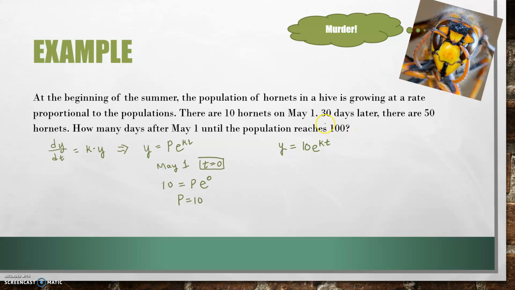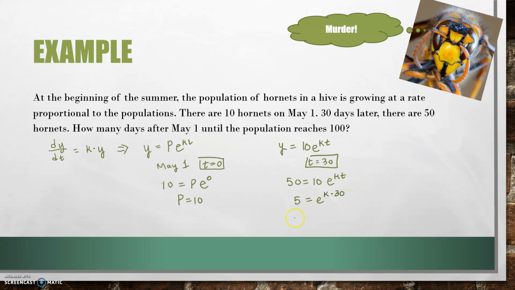And then it says 30 days later, so I'm going to call that t equals 30. There are 50 hornets, so we'd have 50 is equal to 10 e to the kt. I can divide by 10. Oops, I forgot to fill in the 30 for t.